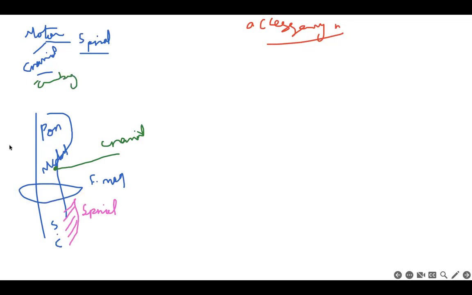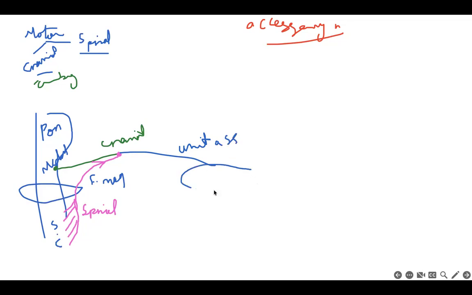What happens? The spinal root ascends through the foramen magnum and goes inside the skull in the posterior fossa and unites with the cranial root, forming a new nerve named the accessory nerve.